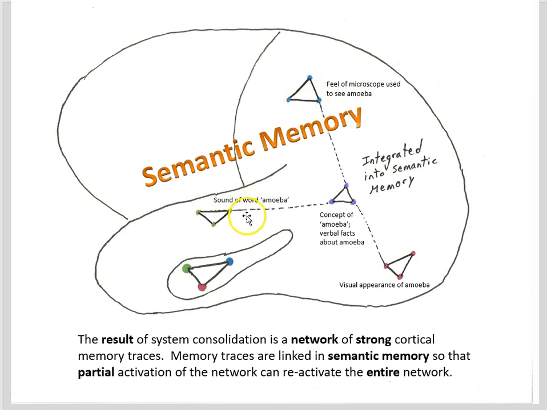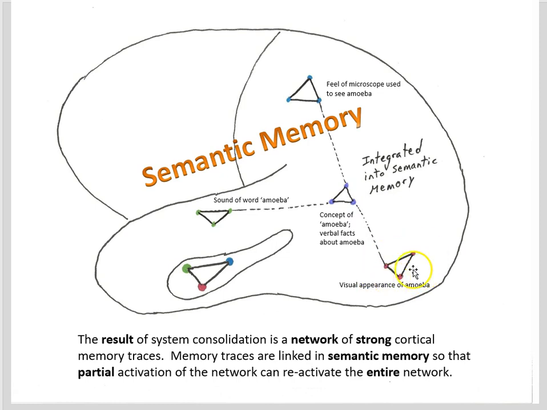The sound of the word amoeba and paramecia would be stored in auditory regions, and all of these cortical memory traces can be linked together. And scientists start to then describe this kind of network. This would be the concept of an amoeba. So if I just hear the word amoeba, I can activate the concept and then reactivate what an amoeba looks like.